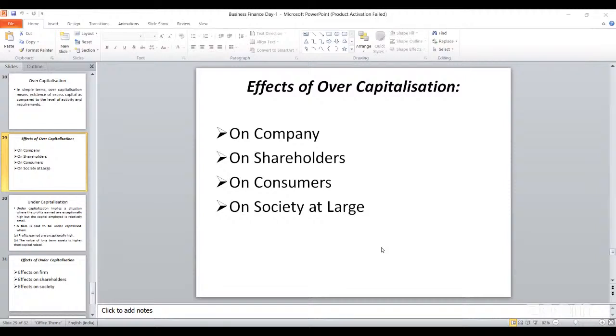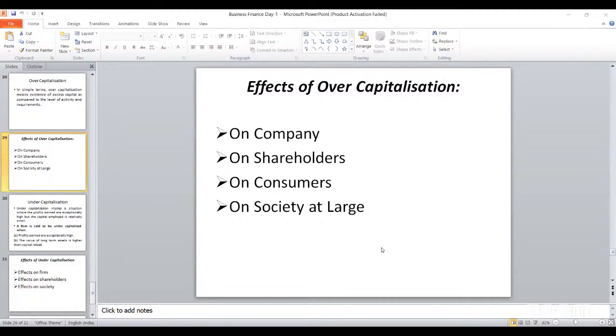Now, how does overcapitalization affect your consumers? To overcome overcapitalization and improve the earnings of the company, you have to increase the selling price of your product, particularly in a monopoly market. At some period of time, you just have to increase the price. When you are increasing it, the quality of the product may also get affected. That means your consumers get affected.